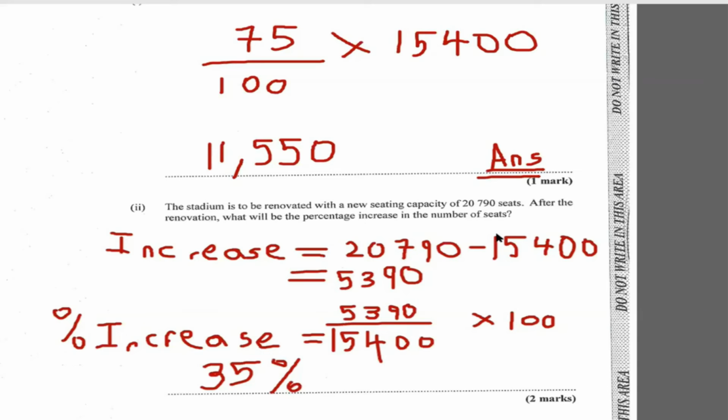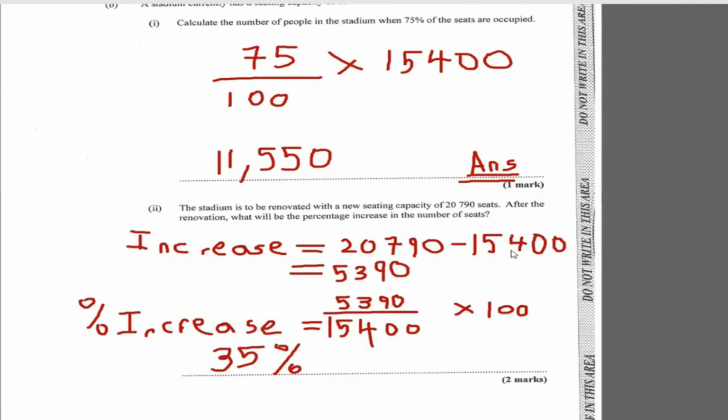There's a 35% increase in the number of seats, which is very good. Remember, increase is always relative to the original. That's why we divide by the original capacity of the stadium. Very, very easy question. 35% increase in seats. Soft.